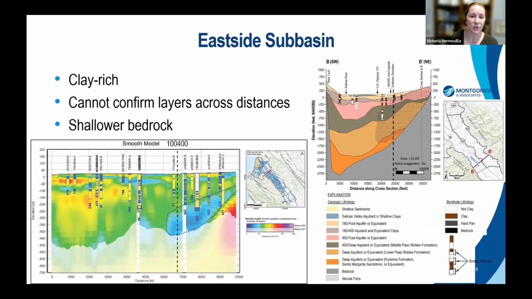Now we've gone into the East Side subbasin, and hopefully you recognize this cross section from a couple slides ago. This is the one that cuts across both the 180-400 and the East Side subbasin. And again, that subbasin boundary is marked with the black dashed line. And what I have on this slide is both the cross section that we have developed, but I also have an AEM transect shown here.